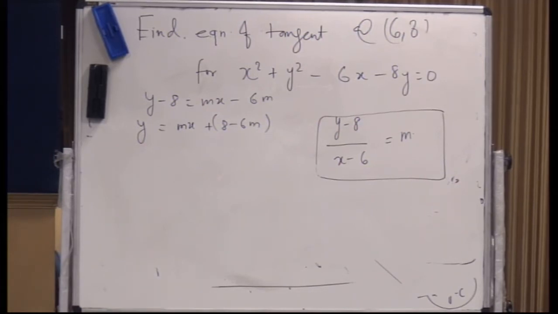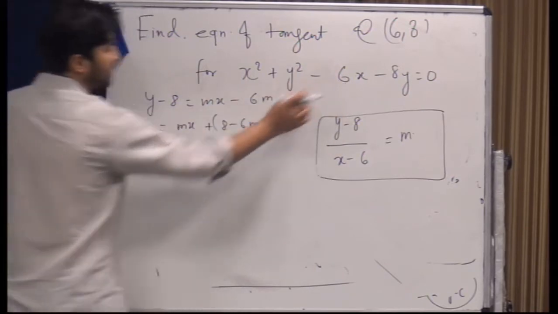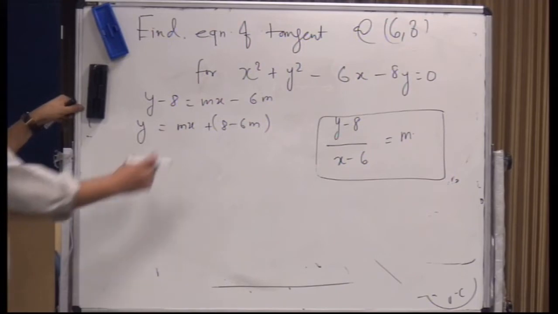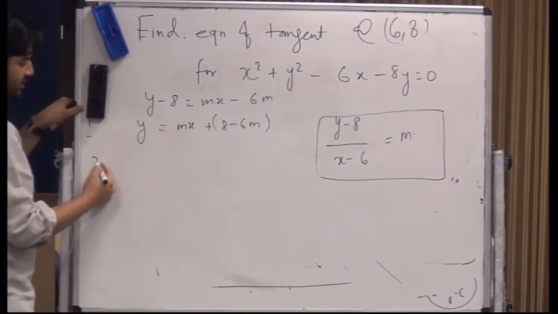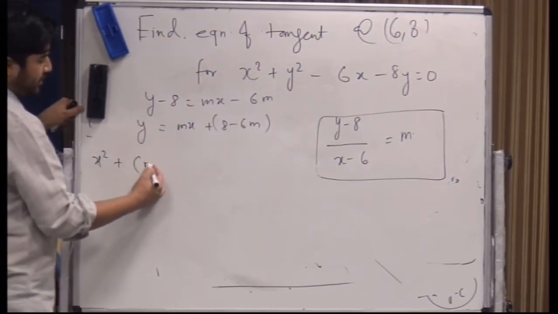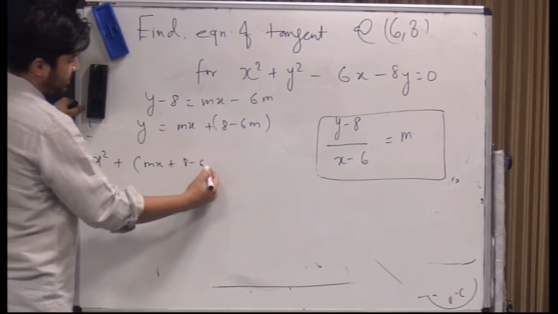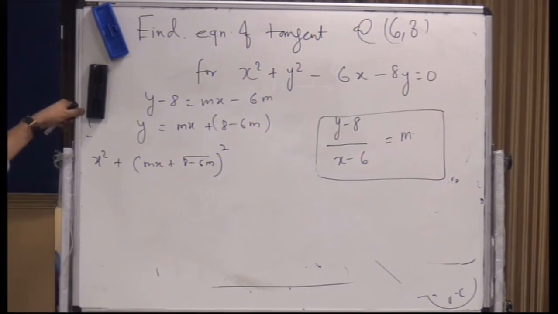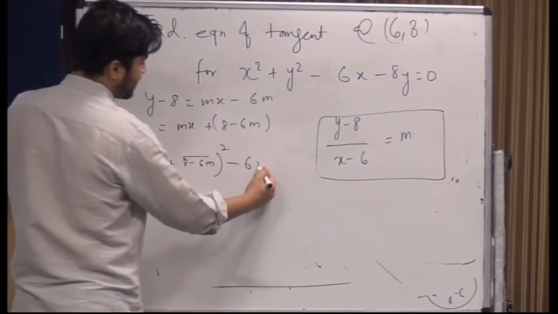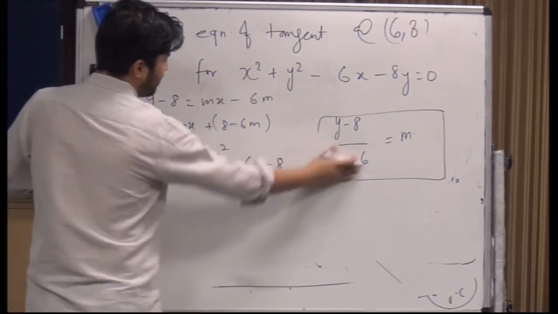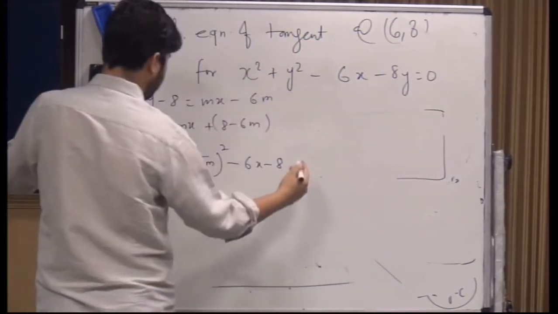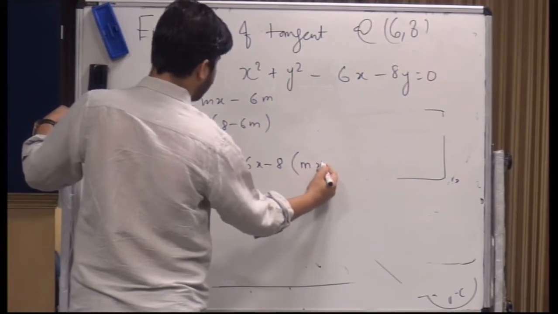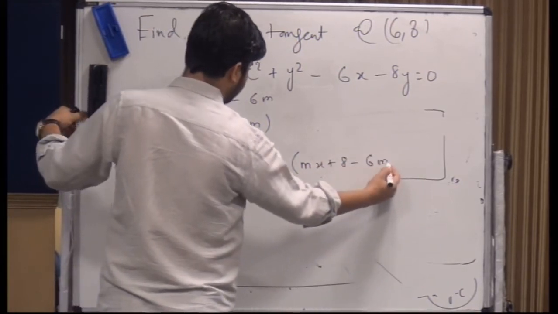Now I know this is my circle. So I am going to substitute this into this. So x square plus (mx plus 8 minus 6m) whole square, right? Minus 6x minus 8 into (mx plus 8 minus 6m).